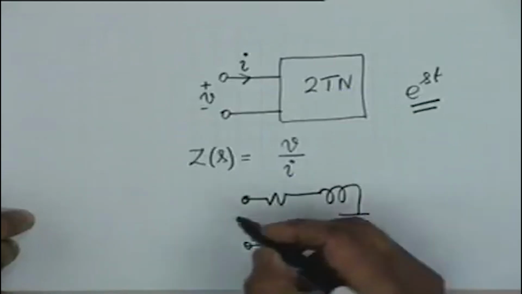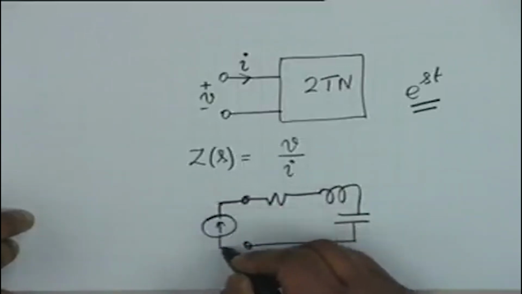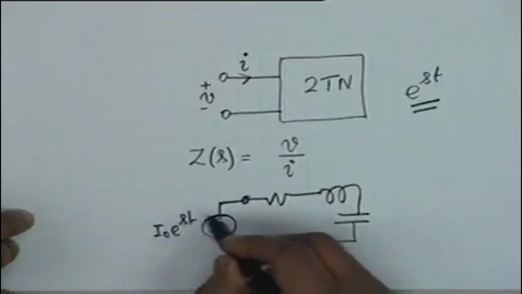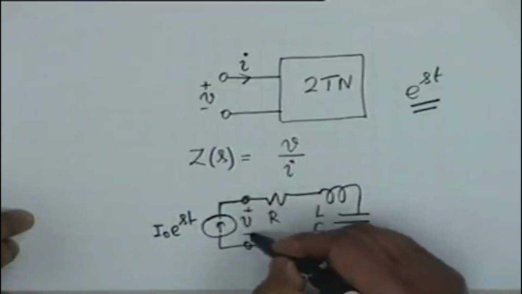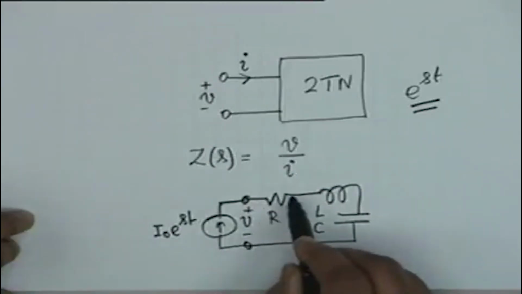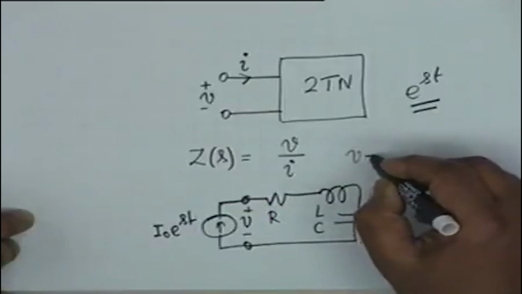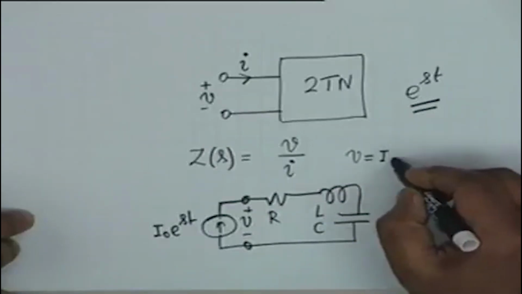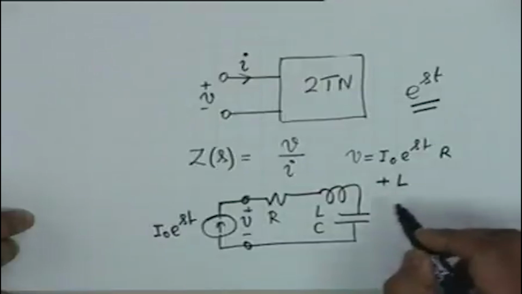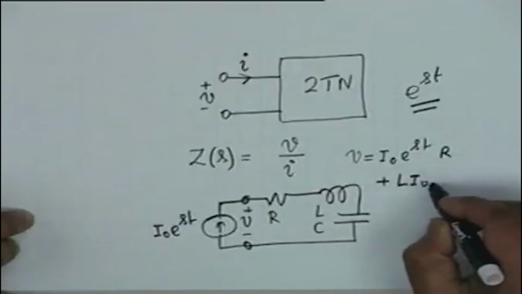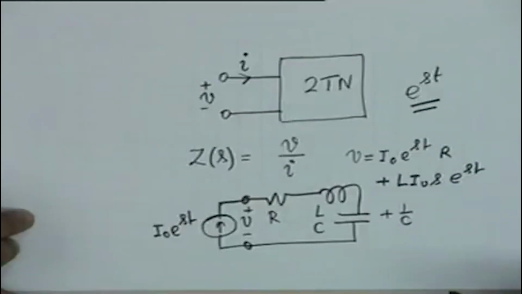Suppose I excite it by means of a current source I0 e to the power st. Then the voltage V across this shall be the sum of the voltages across R, L and C. Therefore V shall be equal to I0 e to the power st times R, the voltage drop across the resistance, plus L di dt, that is I0 s e to the power st, plus 1 by C. Now here is the question of initial relaxation.